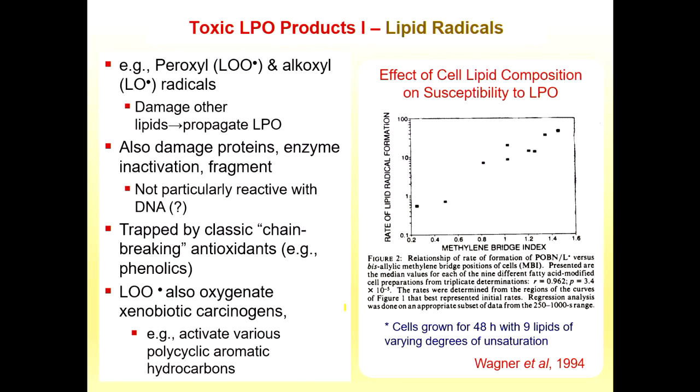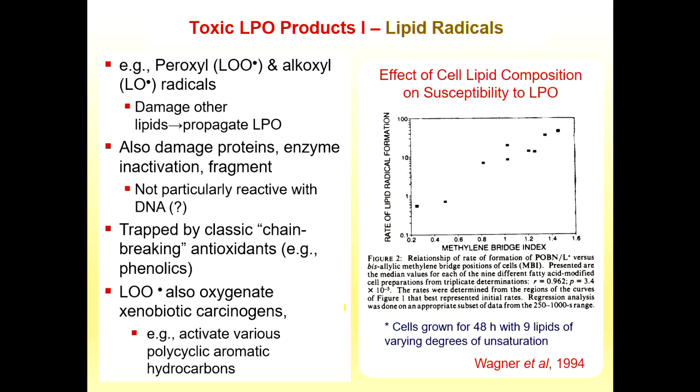Okay, so now let's change gears and get to the more interesting products of lipid peroxidation, the toxic ones. We'll begin with the lipid radicals, and we can jump over these because they're probably not big players in terms of cell damage.